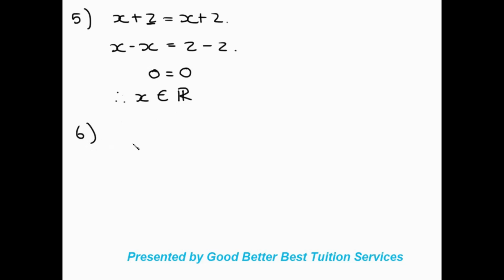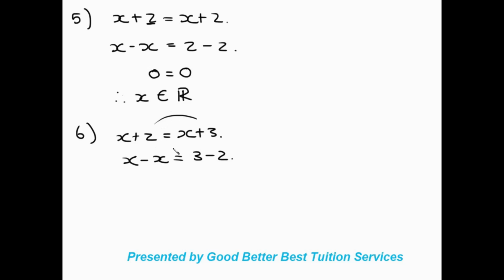The second case is where we're given something like x plus 2 is equal to x plus 3. In this case, same thing, we're going to bring our x over. So we're going to be left with x minus x is equal to 3 minus 2, because this positive 2 is going over the equal sign, okay?